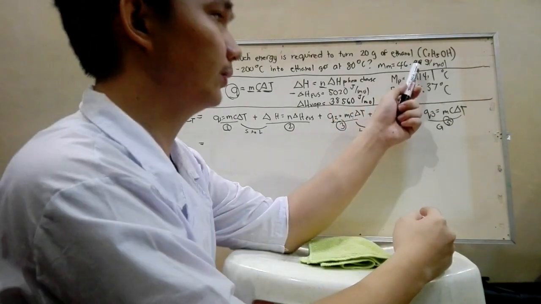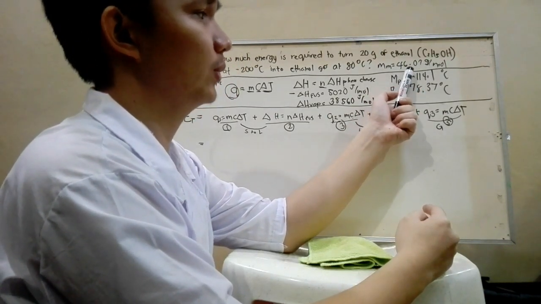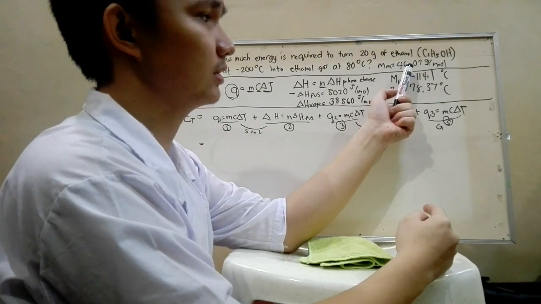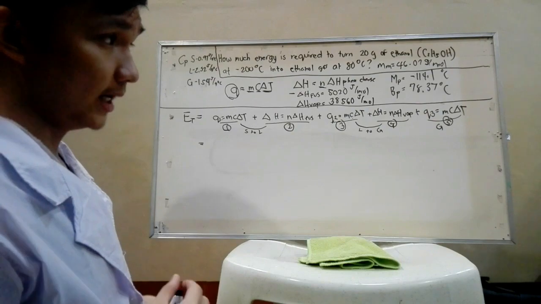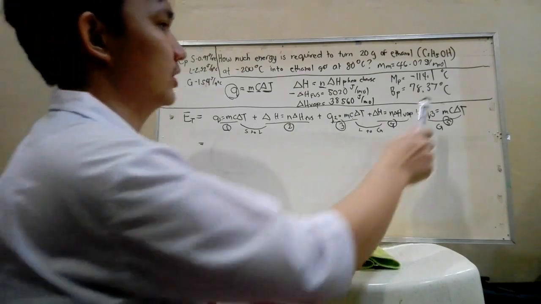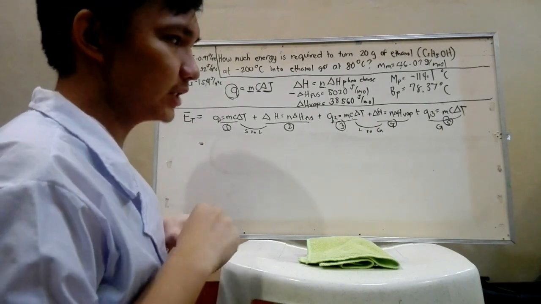We have also to know the molar mass of ethanol, which is 46.07 grams per mole. And lastly, the melting and boiling point of ethanol, which are these 2. So this is a 5-step process.